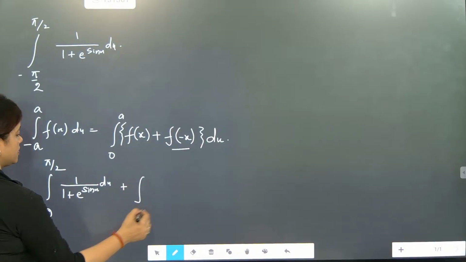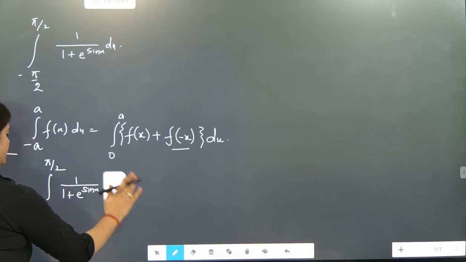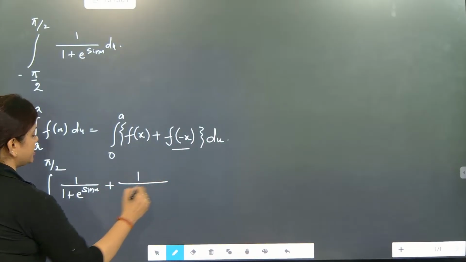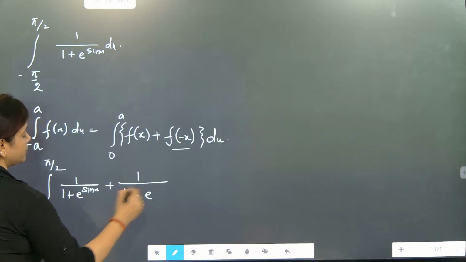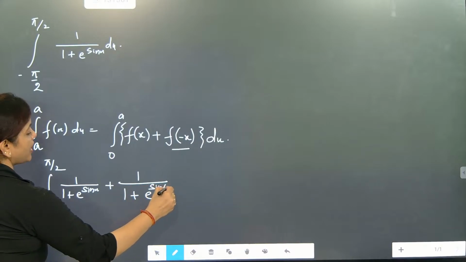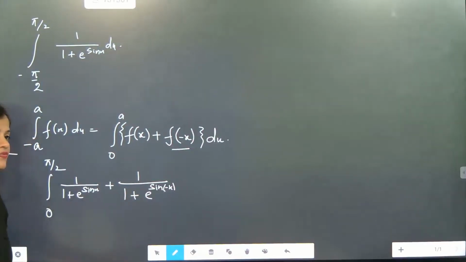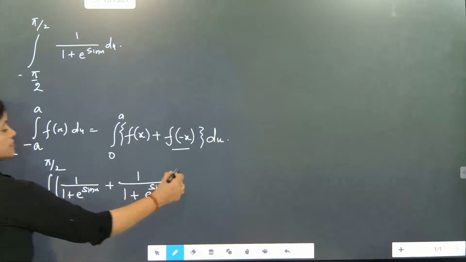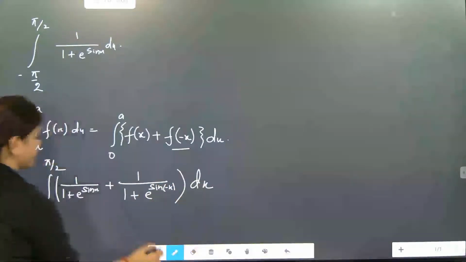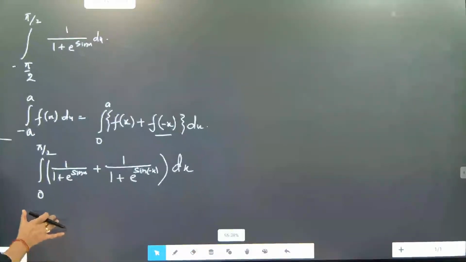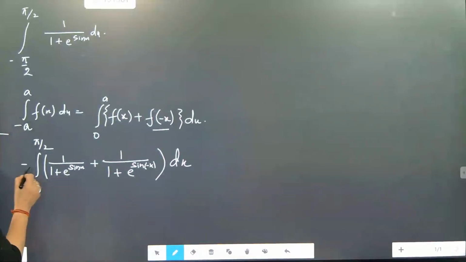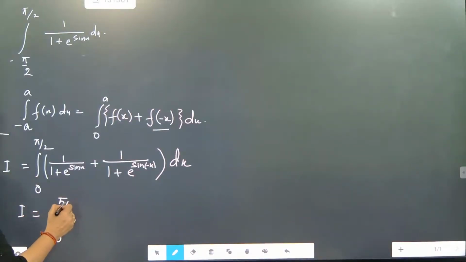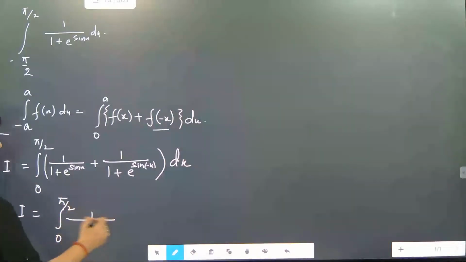So wherever x will be there, that will only change. The second term is e to the power sin of minus x, and then dx is there. So once this part you have written, next what you are going to write is this is equal to I. Now here 0 to pi by 2, 1 by 1 plus e to the power sin x.